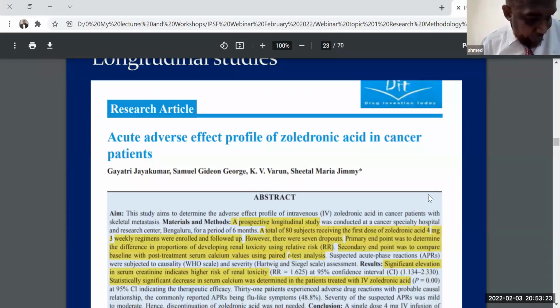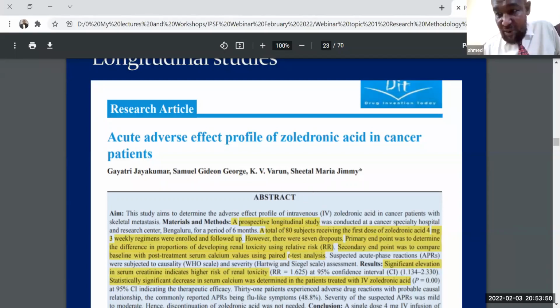And we use longitudinal studies normally to measure change over time among respondents. That means we need to make a reassessment of the same subject or of the same unit of study more than once. This is the difference between longitudinal and cross-sectional.